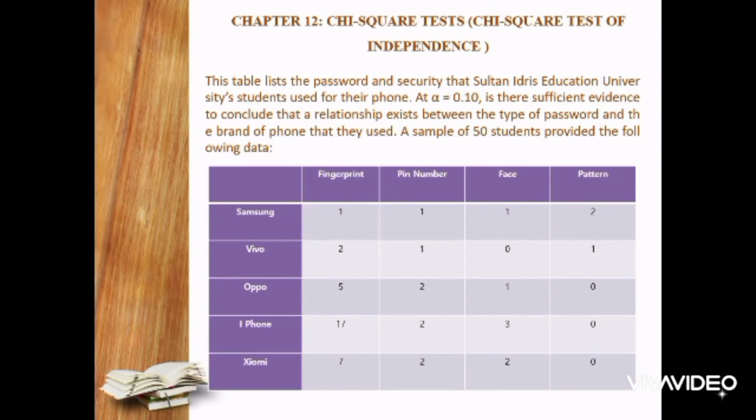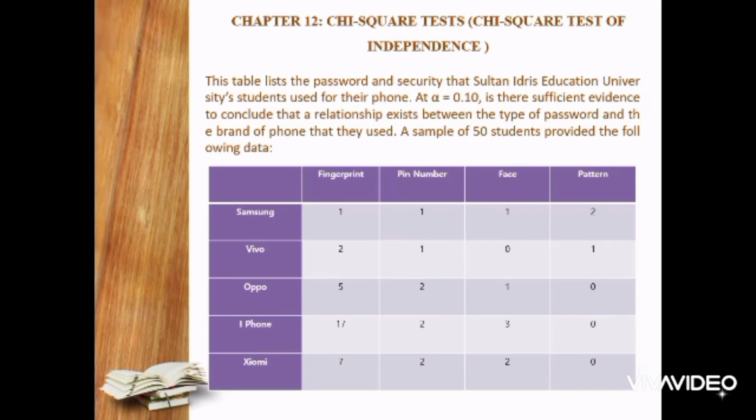Okay, the last chapter is chapter 12. It is about chi-square test of independence. Okay, so this is our question. This table lists the password and security that Sultan Idris Education University students use for their phone.